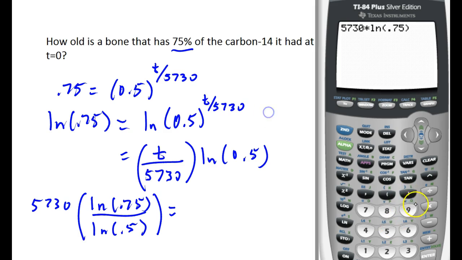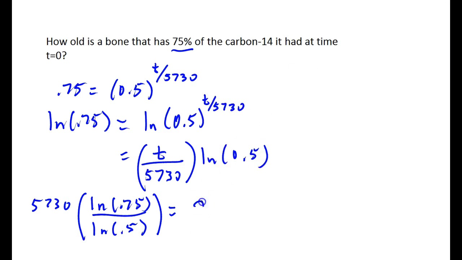There we go. Divided by the natural log of 0.5. And we get 2,378 years old. Okay, so those are really the only kinds of problems you're going to see involving exponential decay.